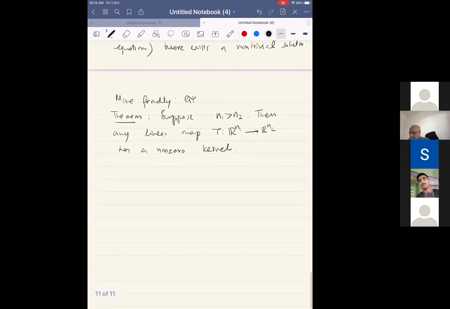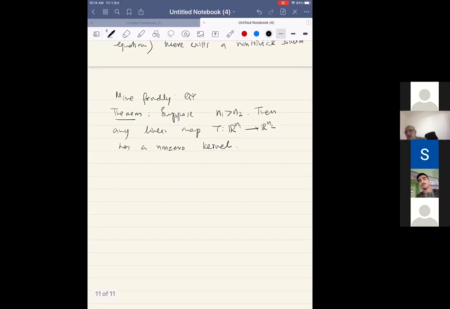In other words, if I have a linear map from the vector space R^n1 to R^n2, where n1 is strictly bigger than n2, then the kernel can't be just the 0 vector. There will be a non-zero vector in the kernel. We will prove this later when we deal with matrices.